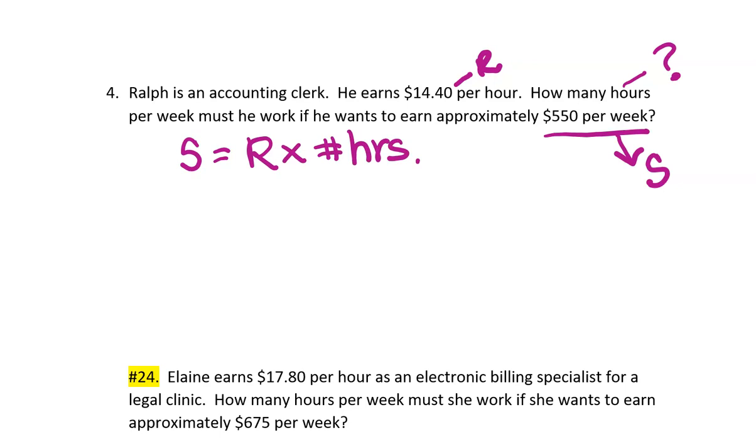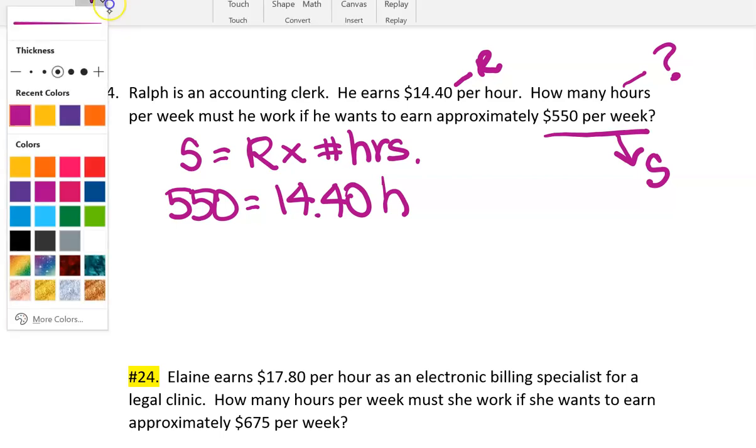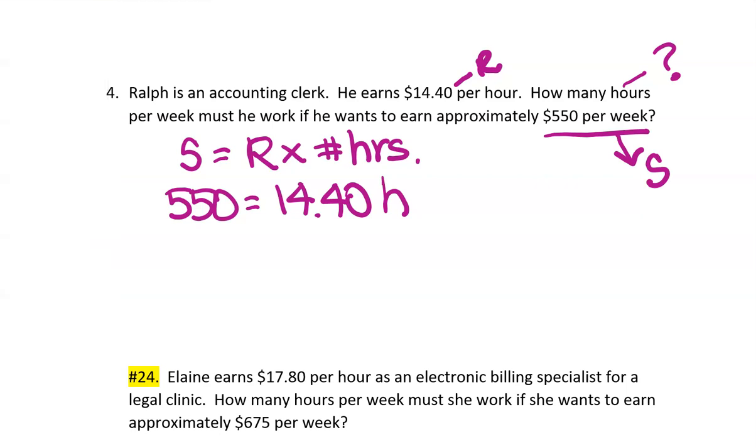So his straight time pay is $550. His rate is $14.40. And the number of hours we don't know, so we have to use a letter for that. Now, when you're solving this one, since these two things are on opposite sides, you divide by 14.40.